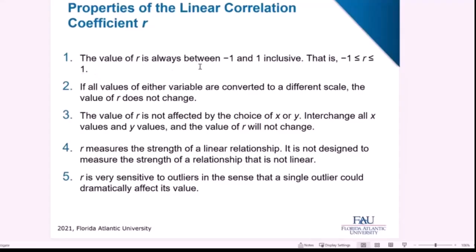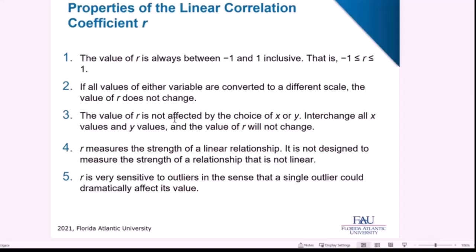Properties of the linear correlation coefficient R. The value of R is always between -1 and 1 inclusive. If all values of either variable are converted to a different scale, the value of R does not change. If we multiply all the values by 100, it doesn't matter. R doesn't change.